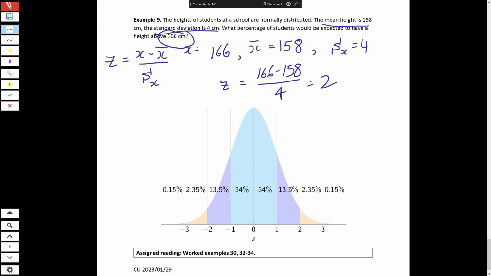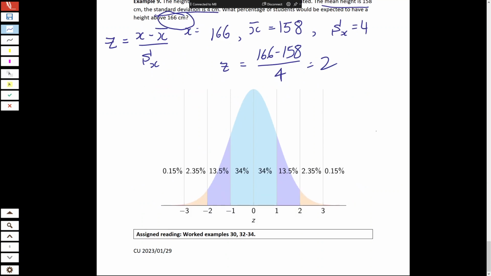So let's go back now to the normal distribution curve. Which rectangles should I use here? I want z larger than 2 because I want x larger than 166. .5 is correct because this is 2 here and I want everything larger than 2.